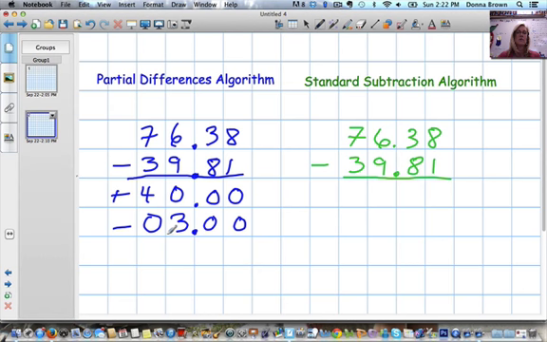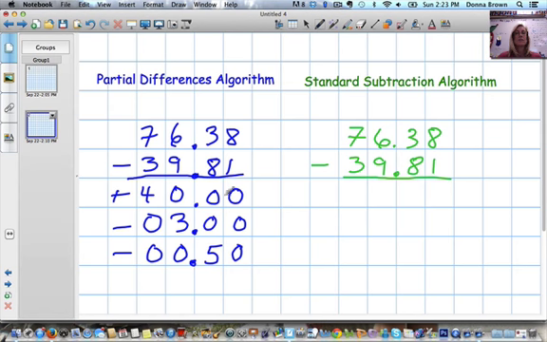Remember, I usually just fill in the zeros there just so that we can keep our place values straight. And then the next column here, 3 minus an 8. Again, we're going to come up with a negative. So negative 5, or negative 5/10 really.